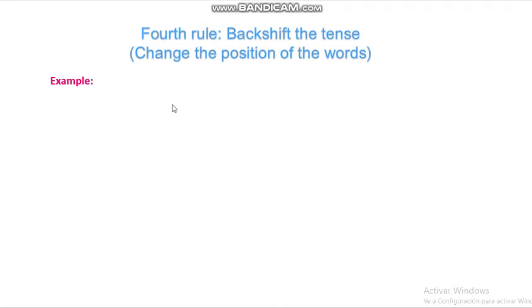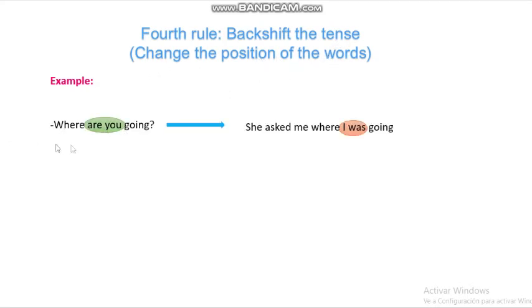The fourth rule is the backshift tense, which means to change the position of the words. "When are you going?" She asked me where I was going. So we have "are," the verb, and "you," the subject.